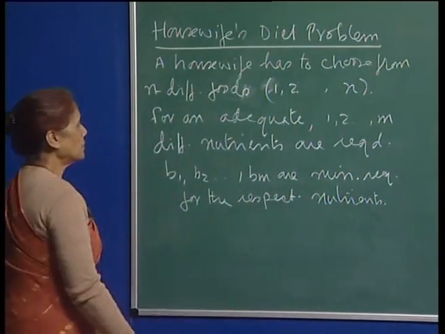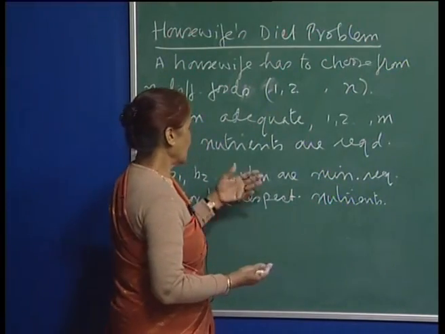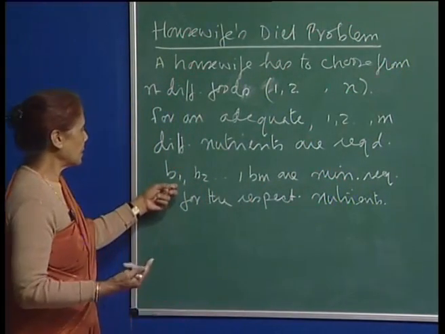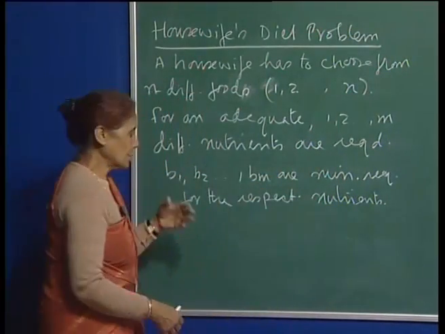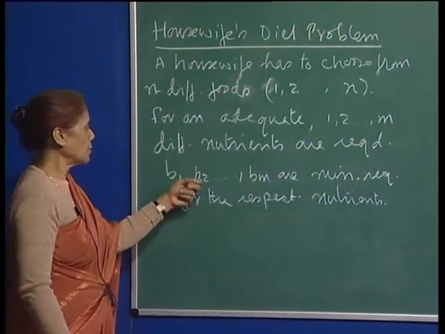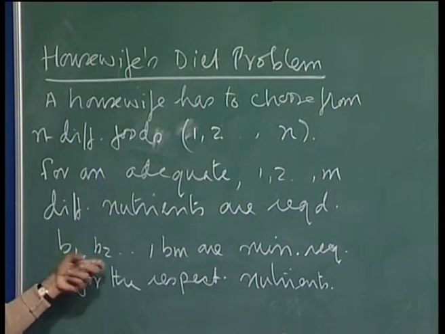Okay. That means, for the first nutrient, which may be protein, you are saying that at least B1 amount must be there. Then the second nutrient is carbohydrates, and you must have at least B2 units, whatever your unit of measure, gram or whatever. So, you must have this, and so on.